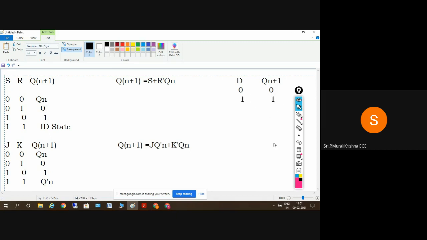The equation is Q of n plus 1 is equal to D.